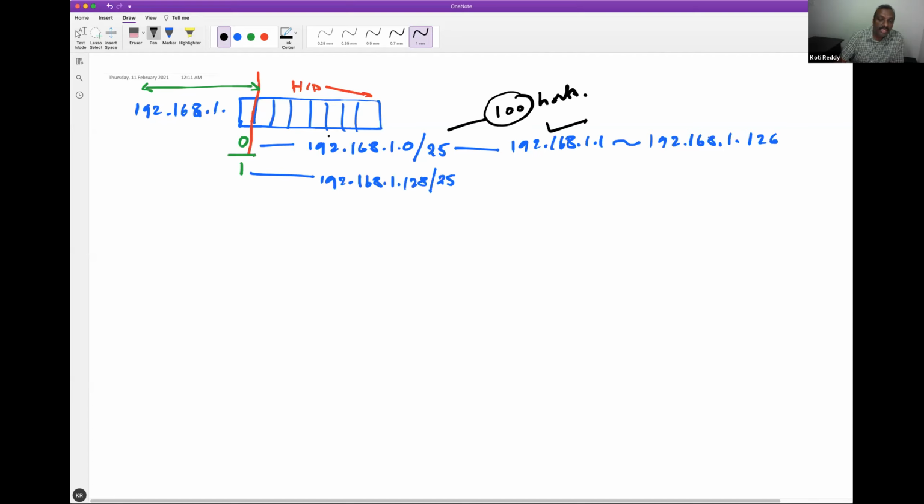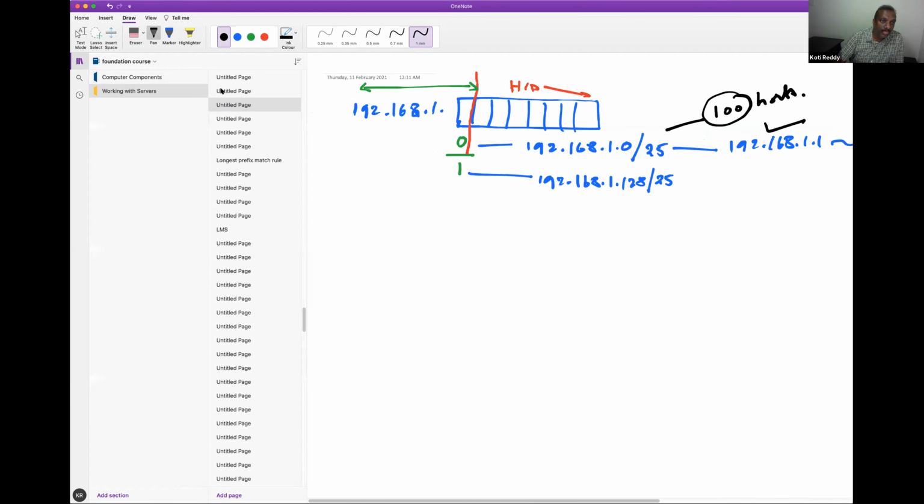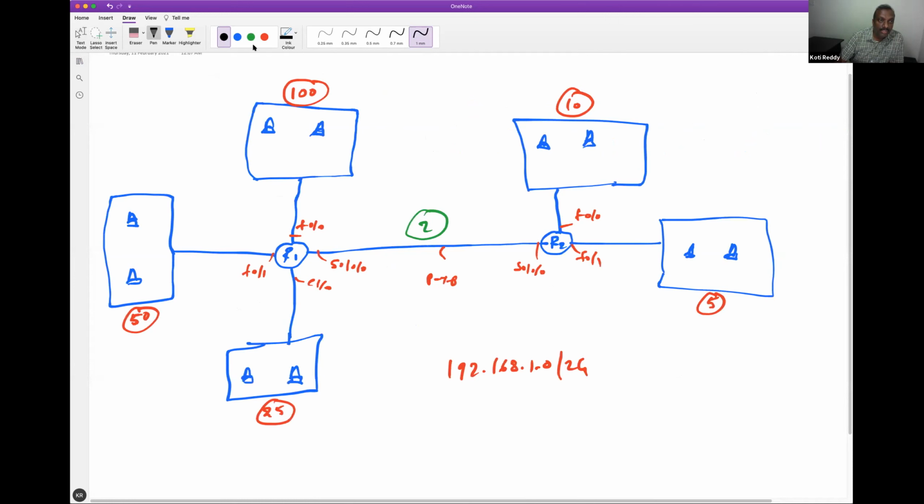So let us take the IP addresses now. Let's write it down here. The first network ID I take as 192.168.1.0/25.